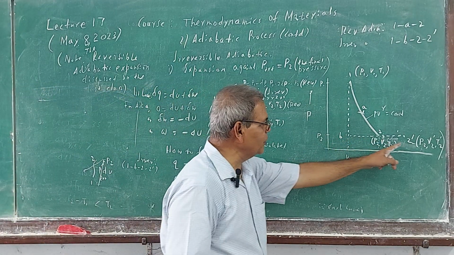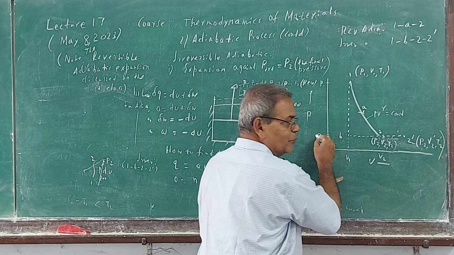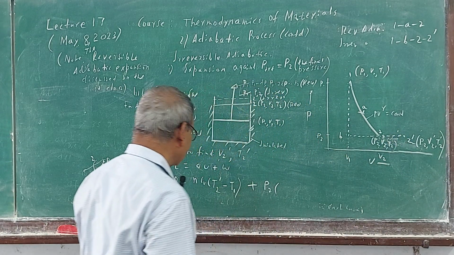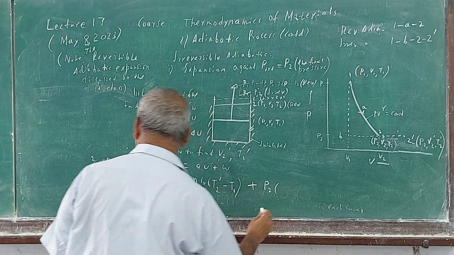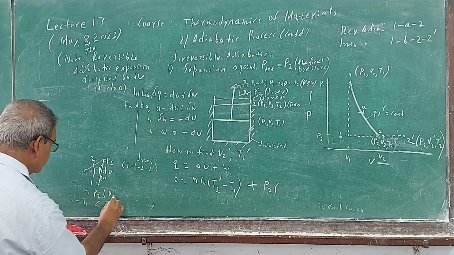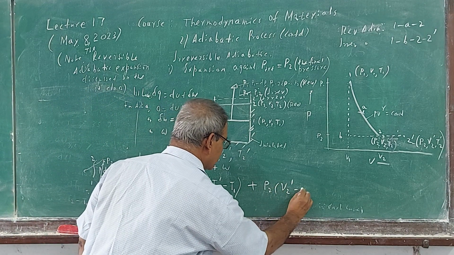So P2, you can see also from here. What is this? Area under this curve. P2 times this change, V2 prime minus V1. Mathematically, graphically, so what is this? P2 is right here, P2 times V2 prime minus V1. Write that out quickly. This is very important.